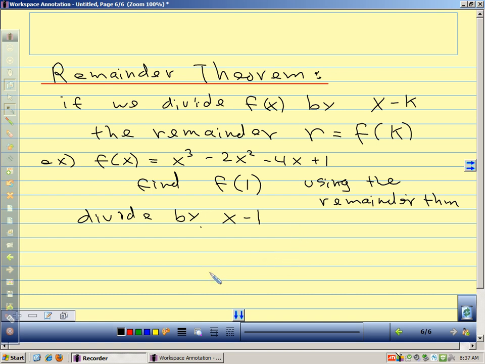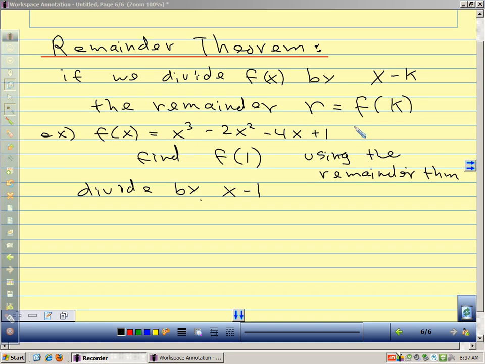So let's set up our synthetic division. We have it in decreasing powers. Synthetic division, let's just do this really quick. So I have 1, negative 2, negative 4, 1. Here k is 1. So I bring down the 1. 1 times 1 is 1. Negative 2 plus 1 is negative 1.